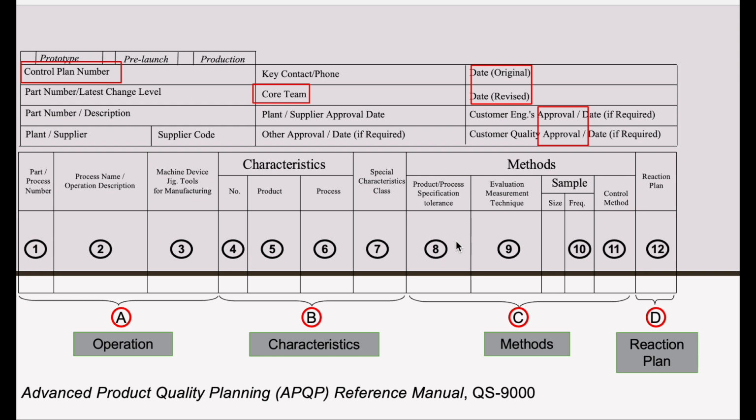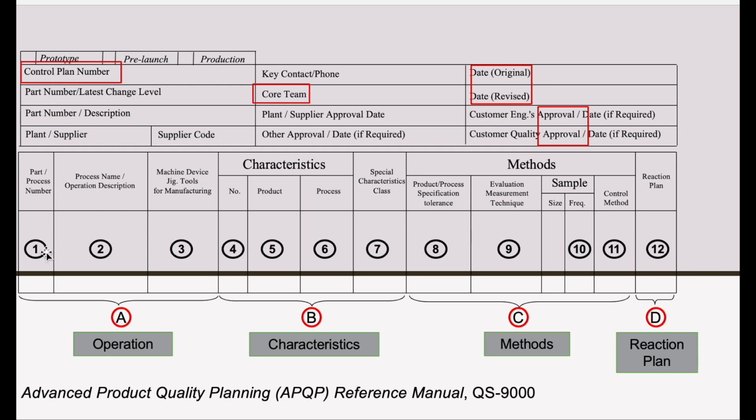How exactly are you evaluating this, and what is your reaction plan? So the things you have to focus on are your core team, the control plan number, the revision, the dates, and the approvals, who's approving this. For example, you could make me your approver, and that's fine.